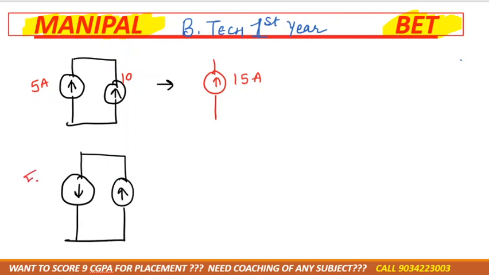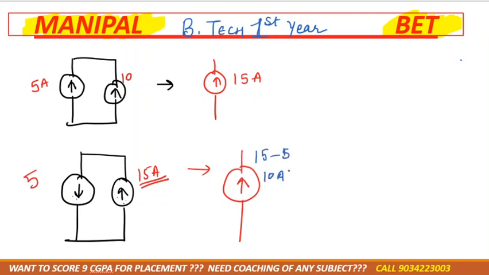Suppose again this is 5 ampere and this is 15 ampere. We'll take the sign according to the bigger value of current, that is 15 ampere. As they are in the opposite direction, in this case the currents will subtract with each other, right? So it would be 10 ampere.